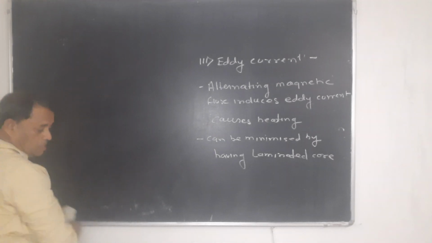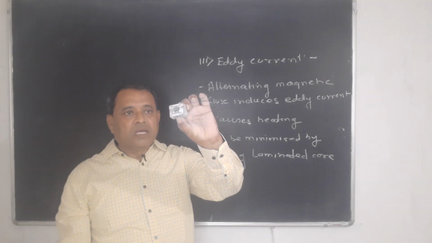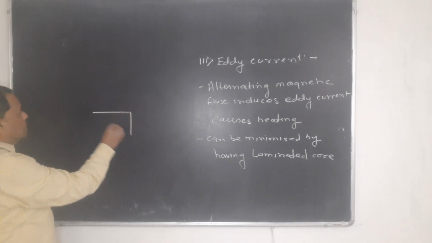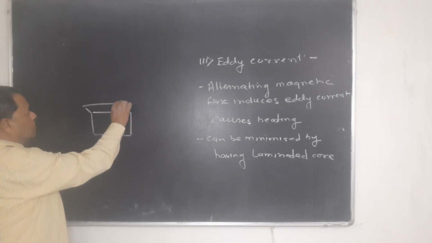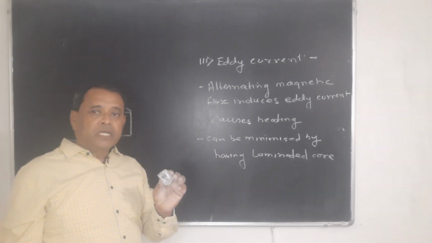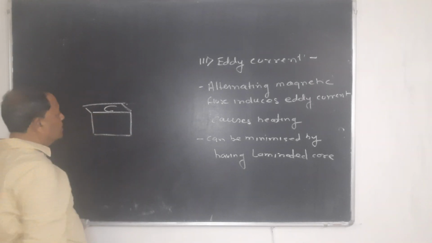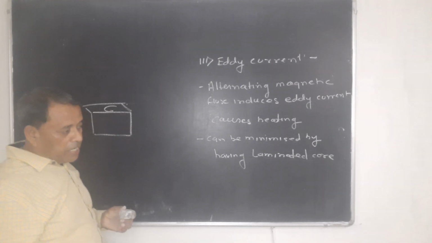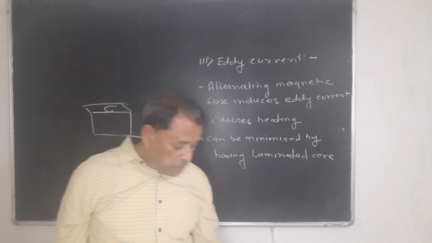in the core, this is the core here. If it was a core of one metal, eddies will be formed, eddy current will be induced because alternating magnetic flux is there in the core, and because of this heat will be produced in this core.